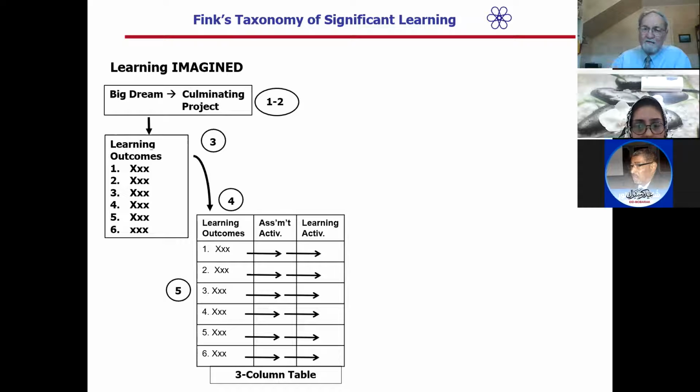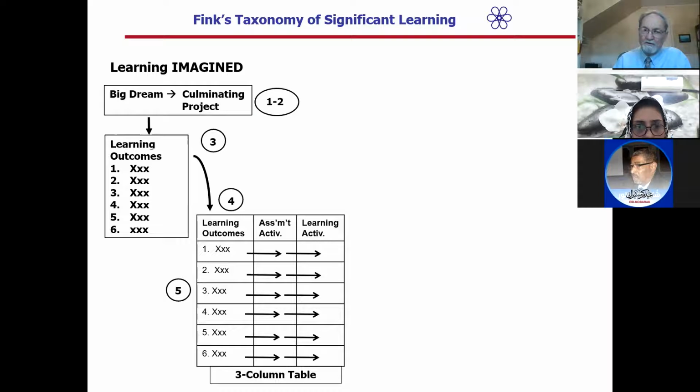And the reason you have to do that each row, one row at a time, is that you'll find very quickly you need different kinds of assessment and different kinds of learning activities for each of the different kinds of learning. For example, for foundational knowledge, a sufficient learning activity might be just reading the material in the textbook.